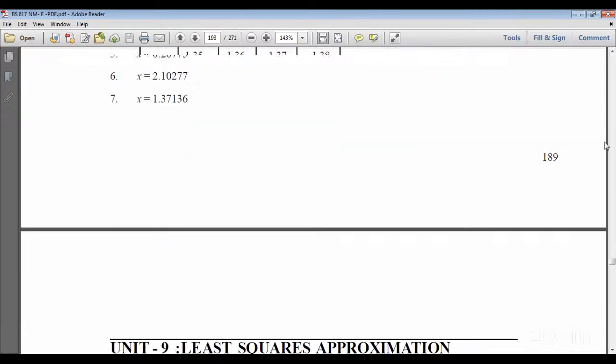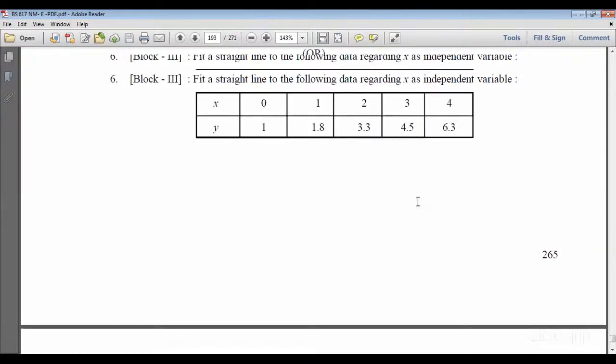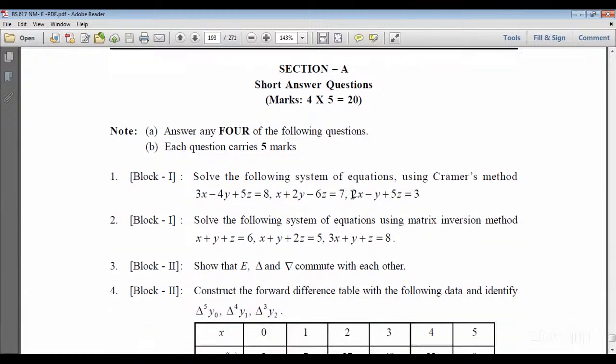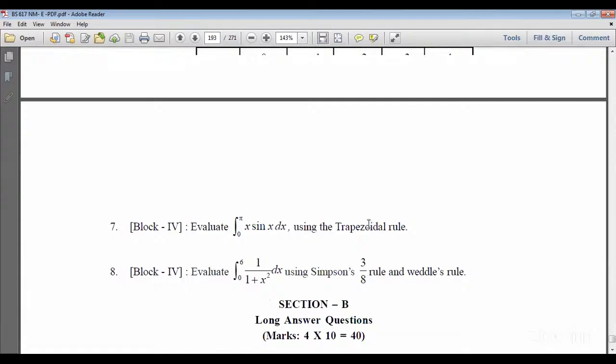This is the unit. So in the examination, what will they ask? There are 4 blocks: block 1 has 3 units, block 2 has 3 units, block 3 has 3 units, block 4 has 4 units. In the short questions, the 4 marks, the 5 marks question, block 1 and block 2 have 2 questions each, block 3 has 2 questions, block 4 has 2 questions. You have to write any 4, irrespective of block.